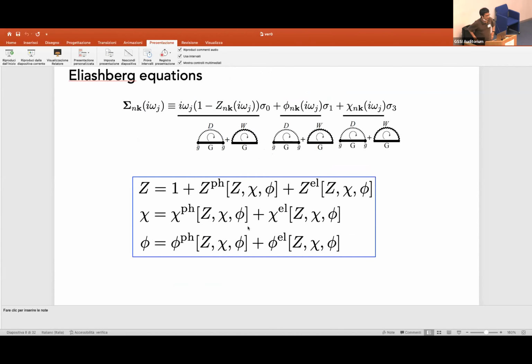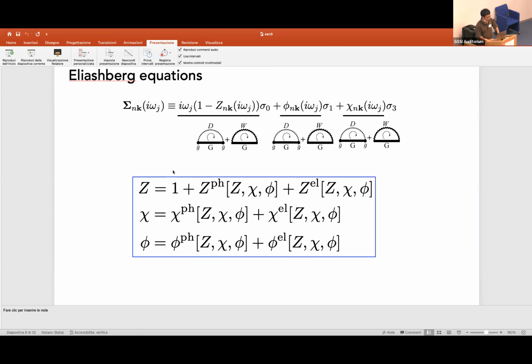Okay, so here I do some review on to what extent the electronic self-energy has been analyzed from first principles. The Eliashberg equations are the self-consistent equations for the components of self-energy that are decomposed by the Pauli matrices sigma 0, sigma 1, sigma 3.